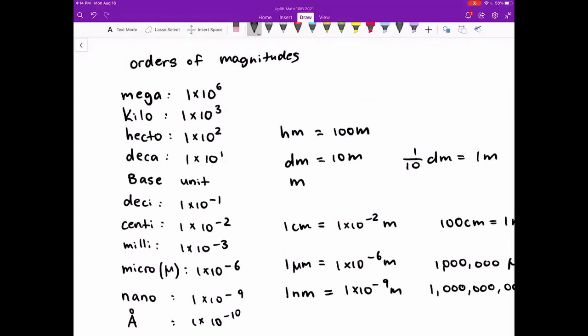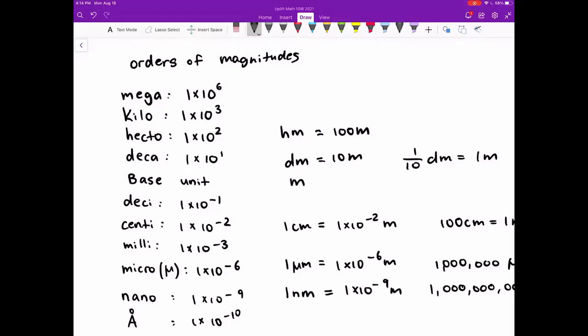I don't think you have to remember stuff like deci, deca, but maybe the more common ones like centi, milli, micro. Don't worry, you'll be fine. The more you use it, the easier it is to remember.